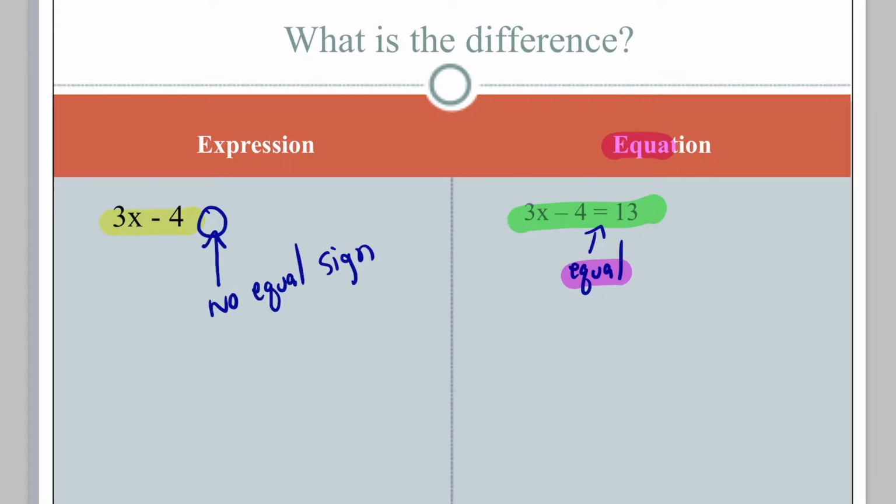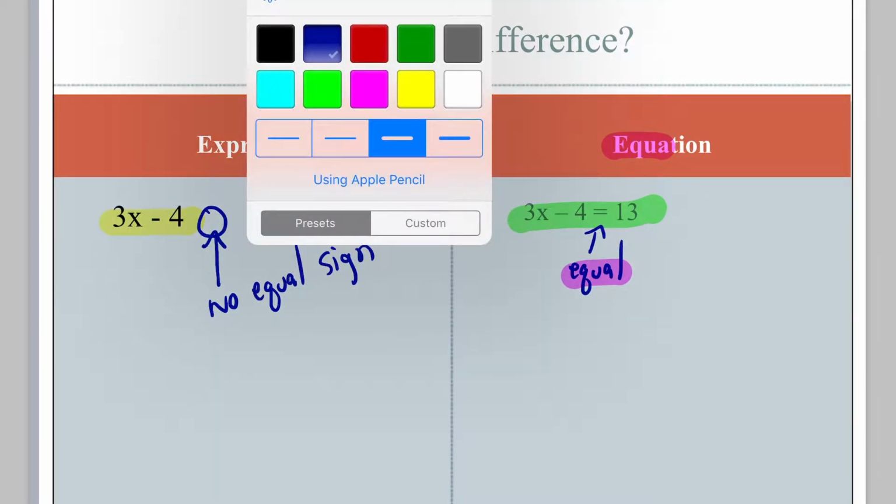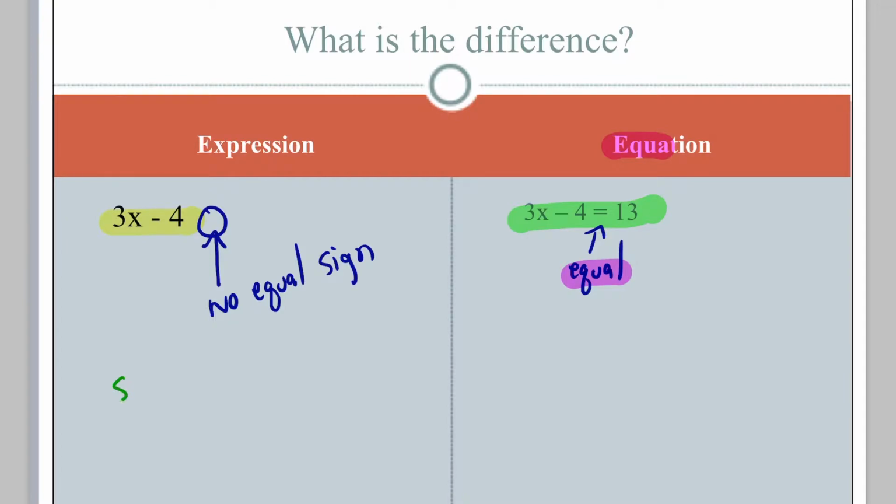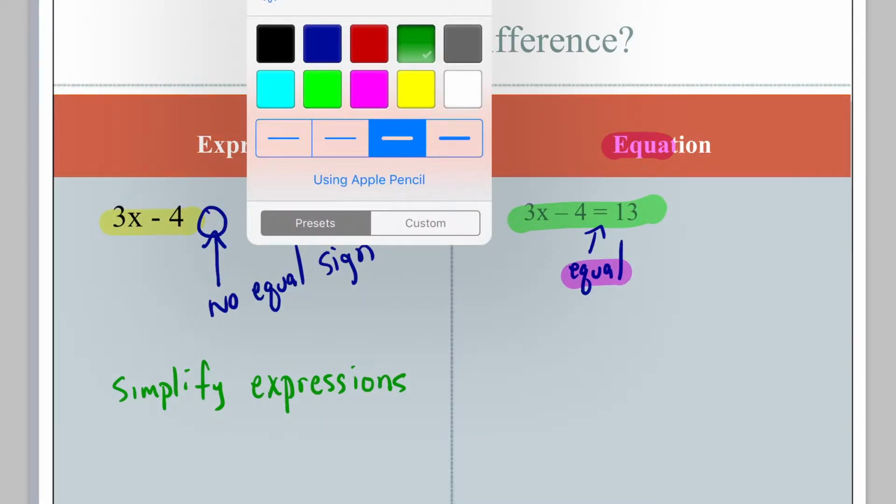And that's important because it denotes how we deal with this particular expression or equation. With an expression, we can only simplify expressions. There's nothing to solve for because we don't have an equal sign. We can only simplify expressions.